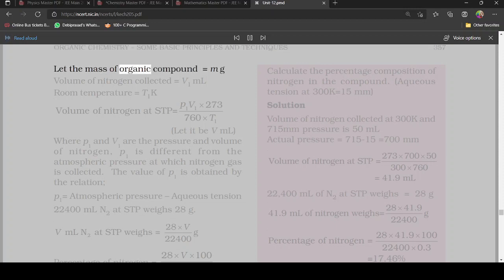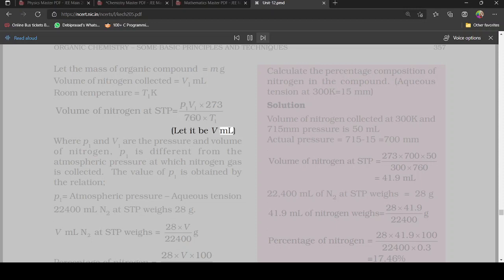Let the mass of organic compound be m g, volume of nitrogen collected be V1 ml, room temperature be T1 K. Volume of nitrogen at STP is equal to P1 V1 × 273 / (760 × T1).